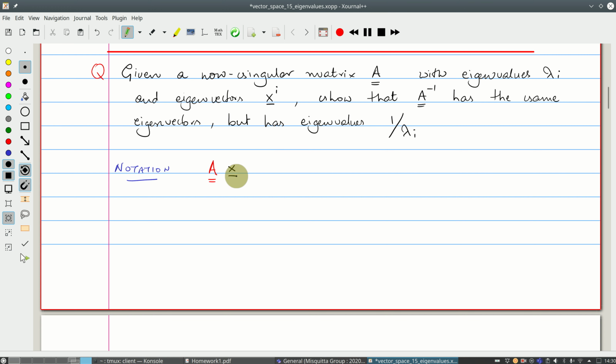We use the x symbol, but you don't have to use x, and the superscript i refers to which eigenvector this is. So this is the ith eigenvector, and this will be equal to lambda, now we need an i, and we're going to put this in the subscript, times the ith eigenvector. So this is for the ith eigenvector.